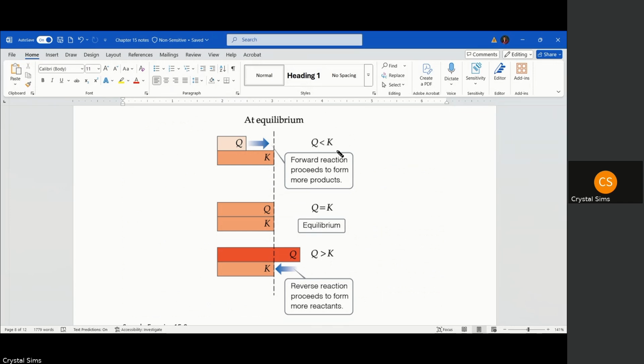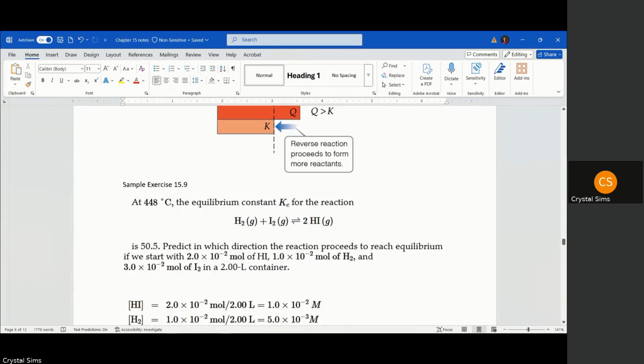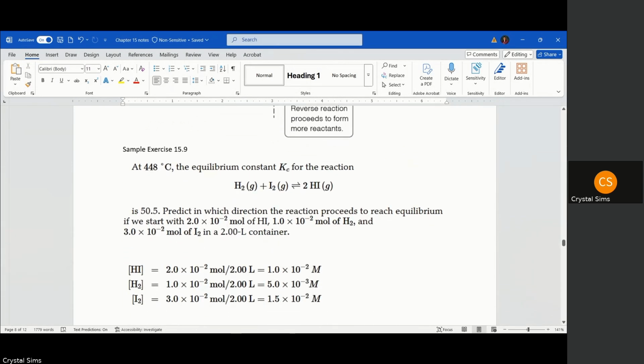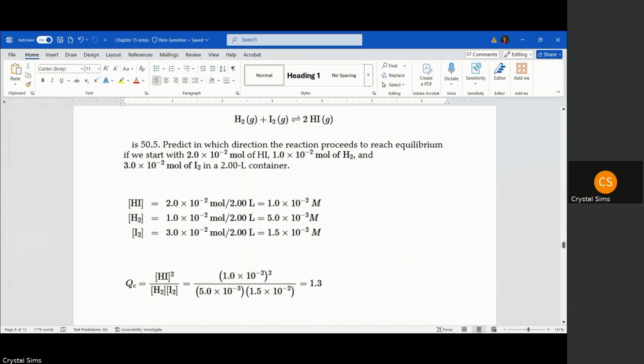And that was the original question that we were asked: predict in which direction the reaction proceeds to reach equilibrium. Because Q is less than K, the reaction needs to proceed forward so that we can produce more product. So we're going to proceed left to right because we have to produce more product. So the reaction proceeds left to right. That would be your answer.